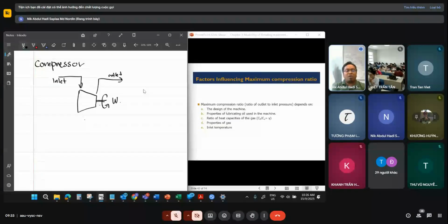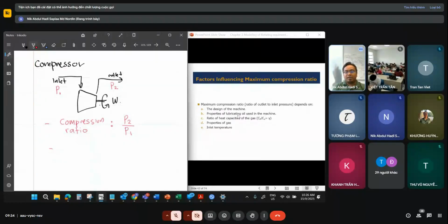So first, let's focus on the compressor. We want to increase pressure from P1 until pressure of P2. That is the role of compressor. So how can we get the maximum compression ratio? In compressor, one thing that we need to take into consideration first is compression ratio, which is the ratio between pressure outlet over pressure inlet.